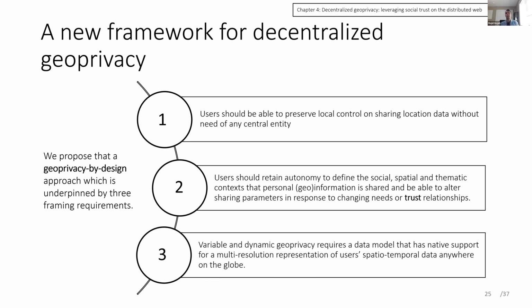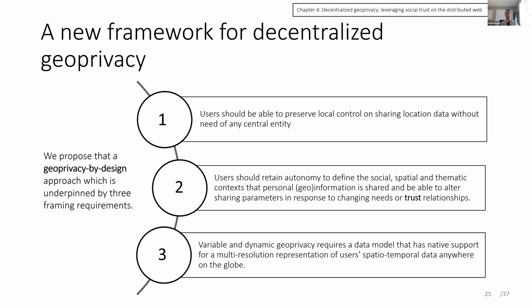Users need to retain their autonomy to define, for example, the resolution of the data that they are sharing with third parties or other users, and that resolution can be determined by factors like the trust that the user has with the nodes in the social spatial network.